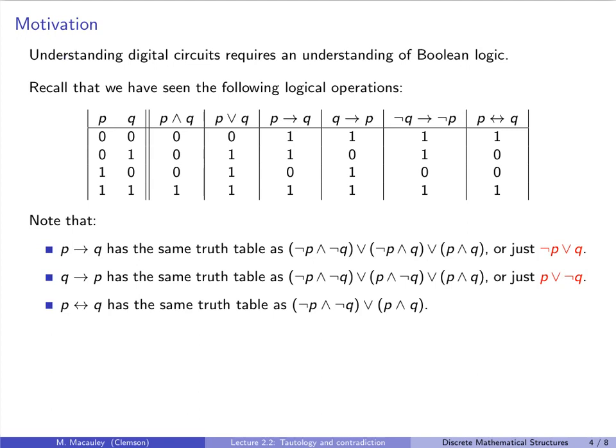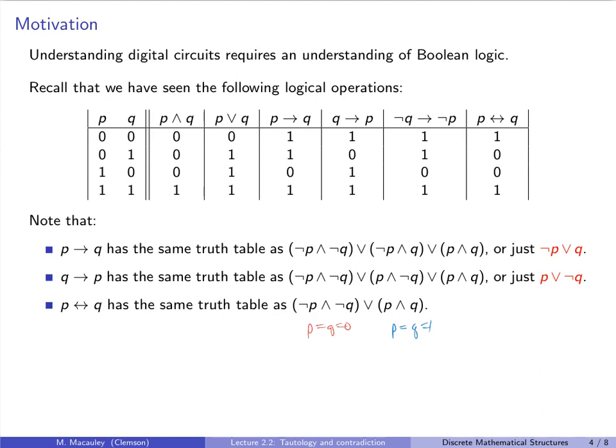P if and only if Q has the same truth table as this expression. Let's do this for practice. Not P and not Q, which represents P and Q both being equal to 0, or P and Q, which represents the case when they're both equal to 1.